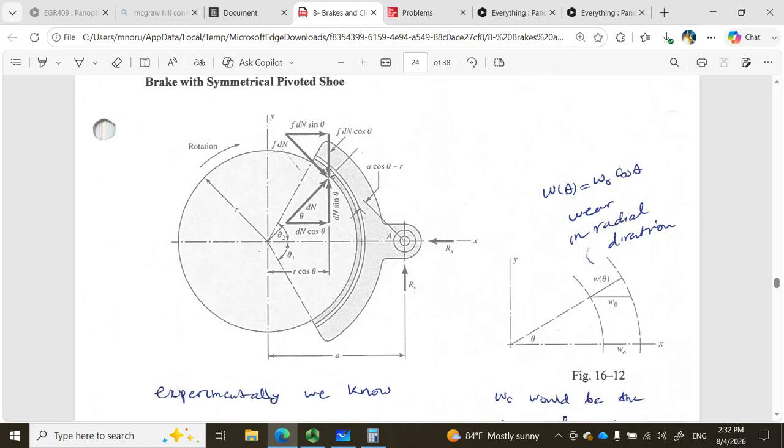and then in this picture you see the rotation of the drum is counterclockwise. So the friction force that we have applied to this pad or the shoe, you see dF, is going down here like this because of the rotation. If you take the integral of that friction force, the net force is going to go down, so that will be cancelled by Ry.